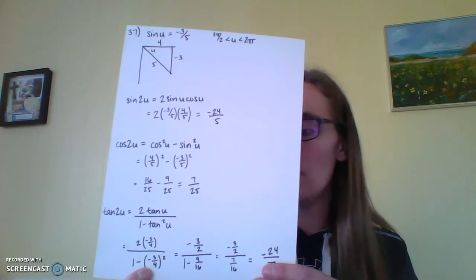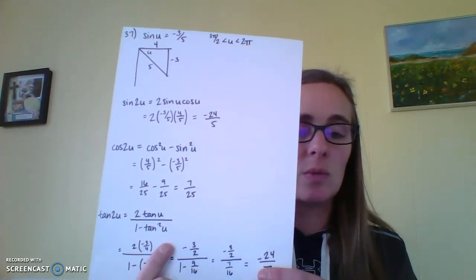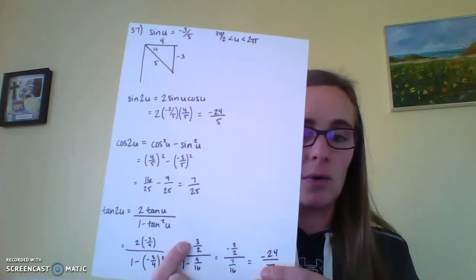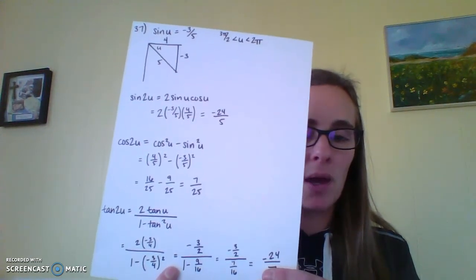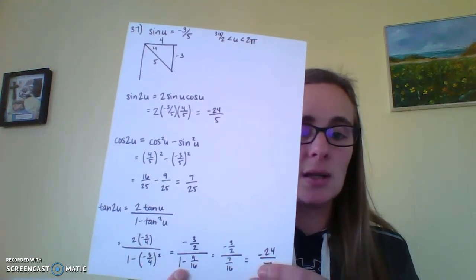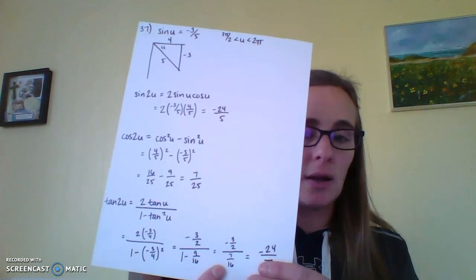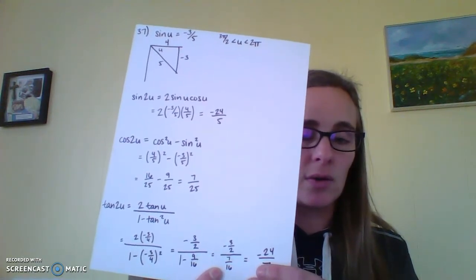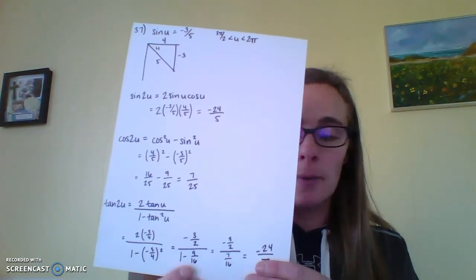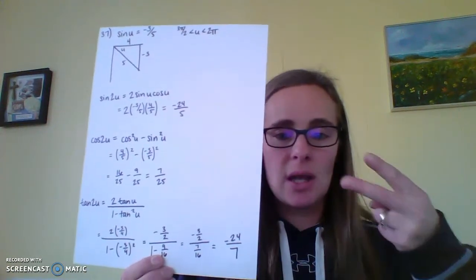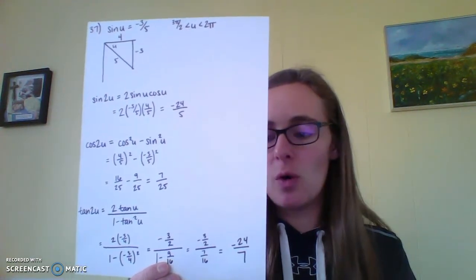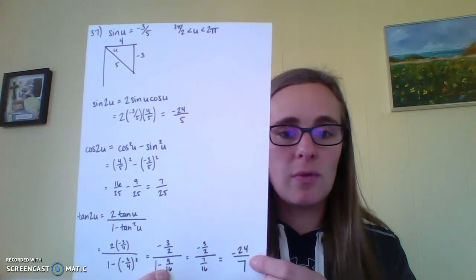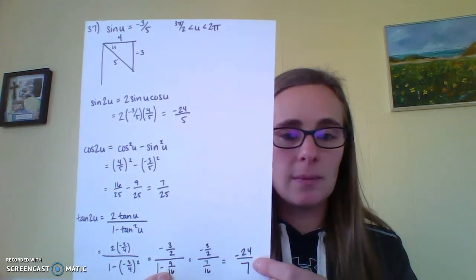Going through and simplifying, this would be the same thing as -3 over 2 over 1 minus 9 over 16, simplifying some more, -3 over 2 over 7 over 16. Remembering that dividing by a fraction is the same thing as multiplying by the reciprocal, we end up with -24 over 7.